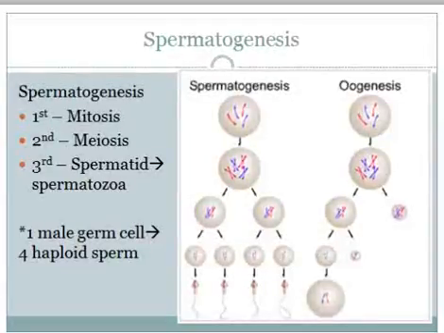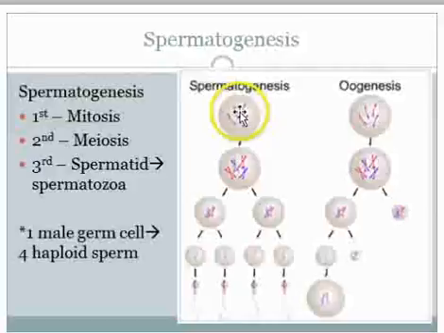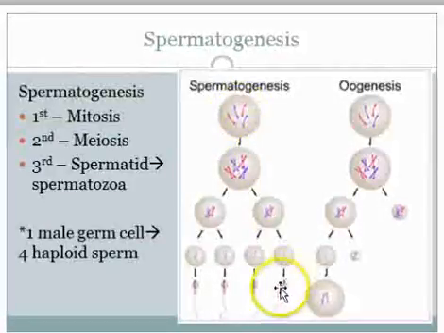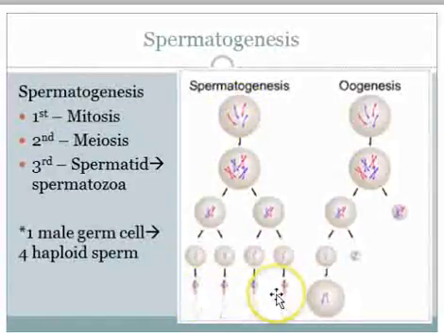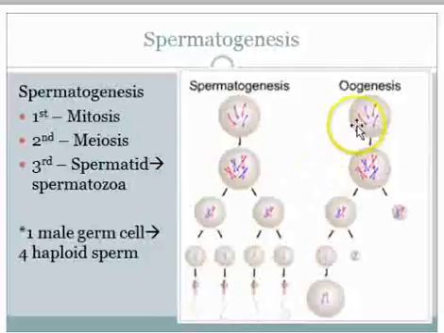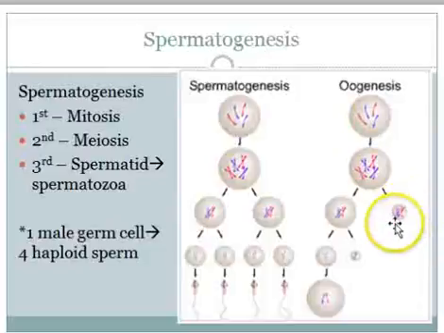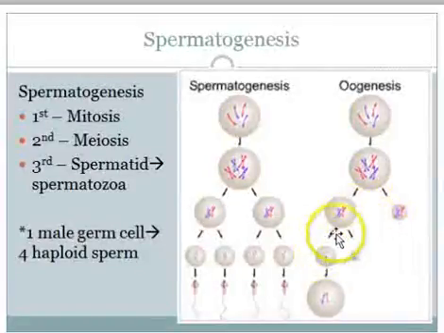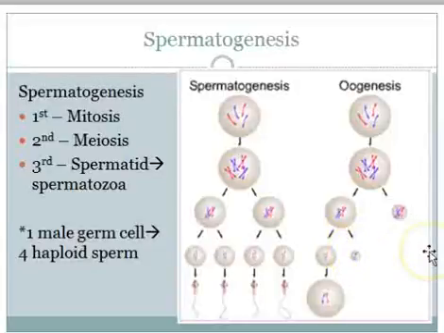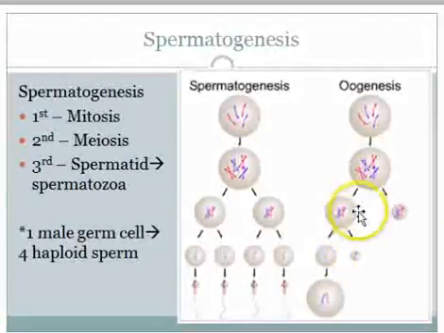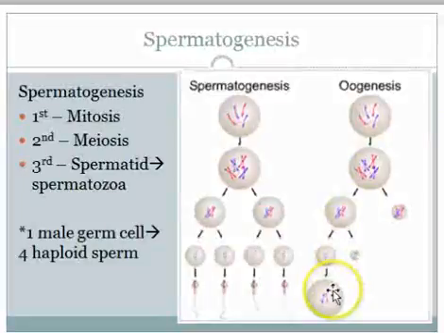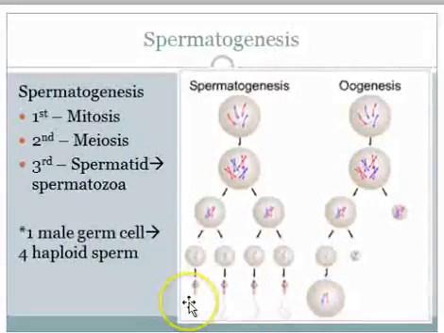And you can see here that you start with one male germ cell, and the end result is 4 sperm cells, whereas with oogenesis with women, we start with one germ cell, and then every time we have these divisions here in meiosis, we end up with this little polar body that gets dismissed, and then same with the second meiotic division. So the end result for oogenesis is 1 ovum, whereas with spermatogenesis we have 4 sperm.